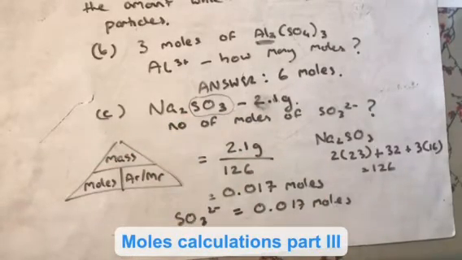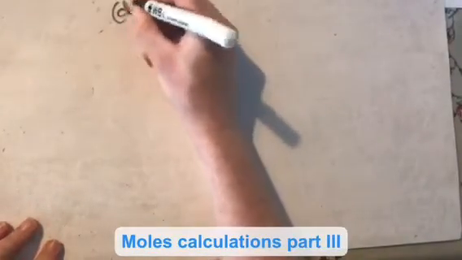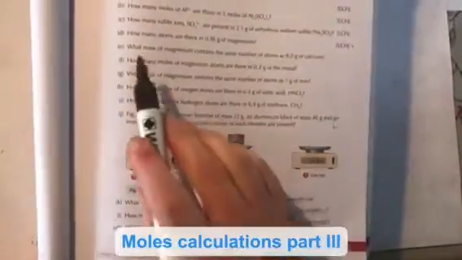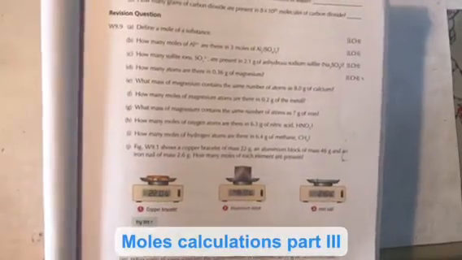I'm hoping that is easy enough for you. Now, let's move on to part D. A little bit easier, I think, than those 2 examples. How many atoms are there in 0.36 grams of magnesium? Again, another Leaving Cert question, but it's a little bit more straightforward.